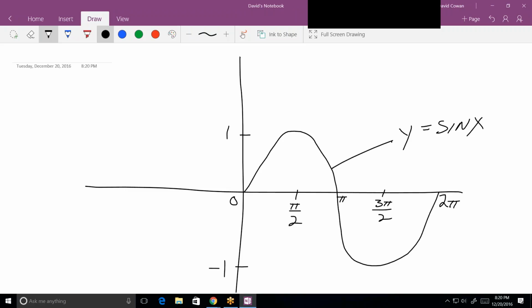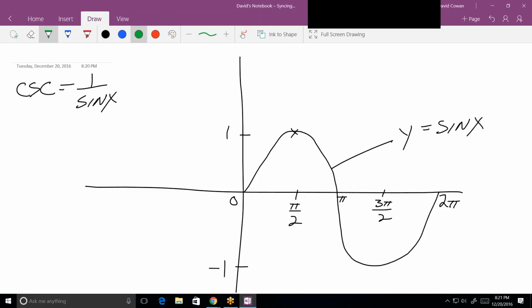Now, let me write it this way. Since cosecant is equal to 1 over sine x, then whenever sine x is equal to 1 or minus 1, cosecant has to be the same thing.